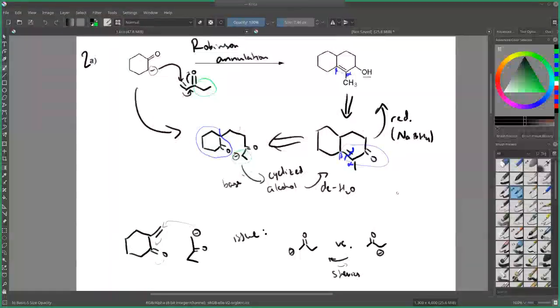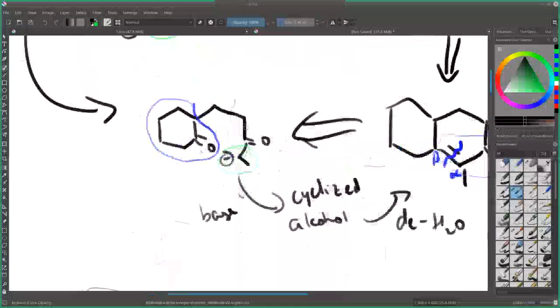The reason I went with NaOH was because that one would be reversible here. If you use something like LDA and you took the hydrogen off this side, then you wouldn't really be able to undo that.